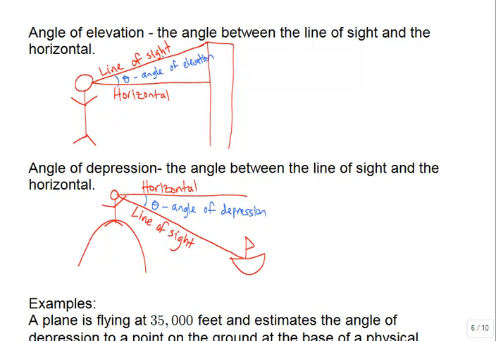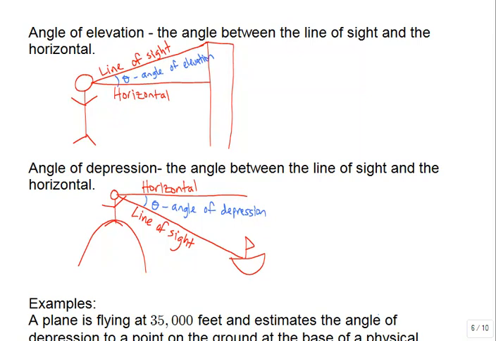And then looking up to whatever object you're trying to look at would be your line of sight, and the angle between that line of sight and the horizontal is this angle theta, which is what we're calling the angle of elevation. When you have to look up to something, then that's an angle of elevation.